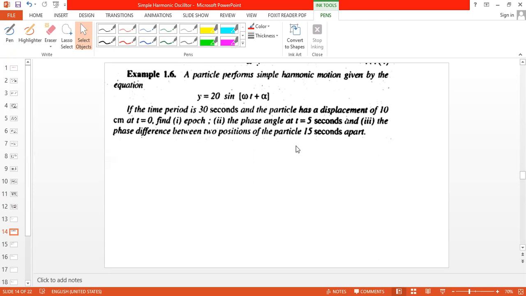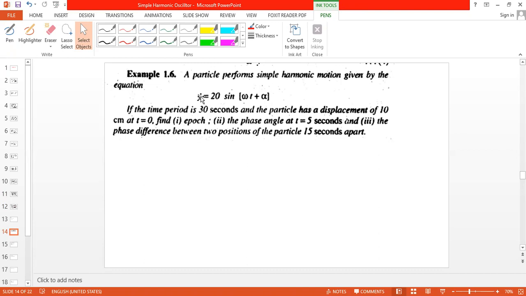If the time period is 30 seconds and the particle has a displacement of 10 centimeter at t equal to 0, find the epoch, then the phase angle at t equal to 5 seconds, and the phase difference between the two positions of the particle at time t equal to 15 seconds.